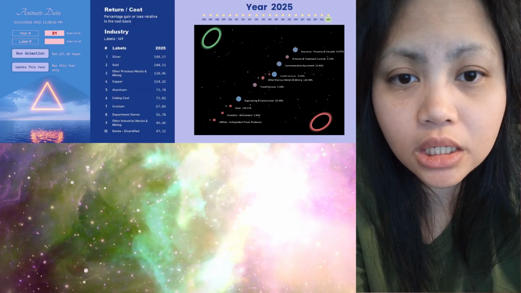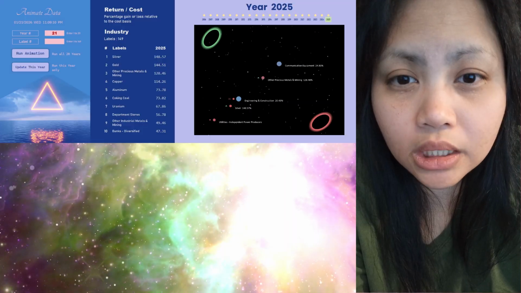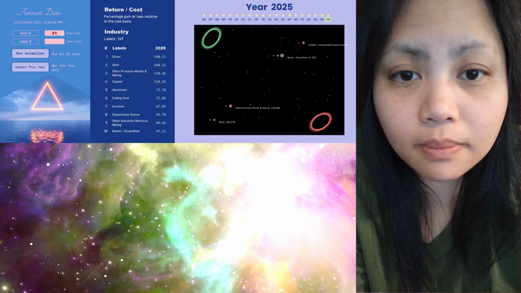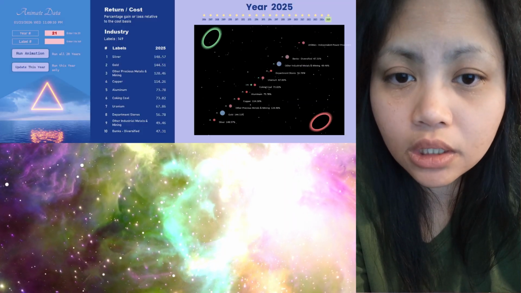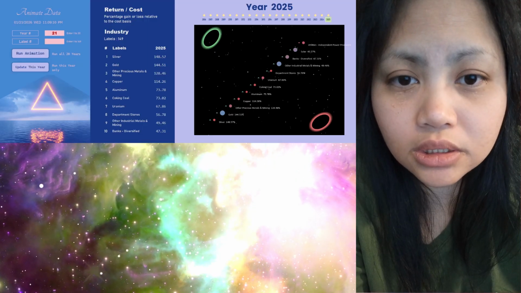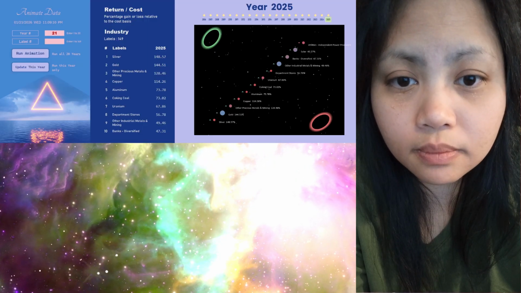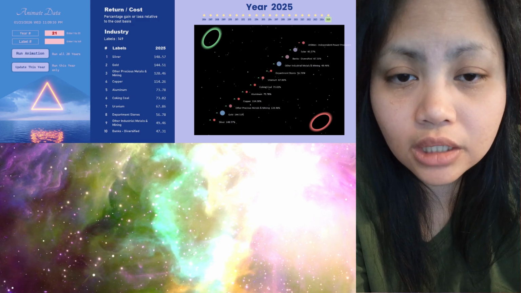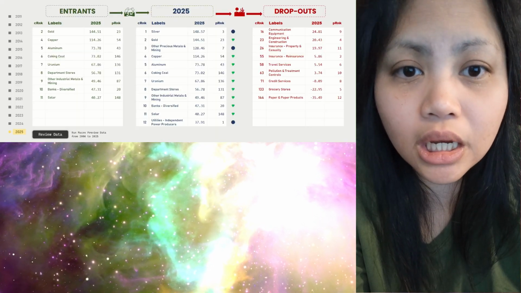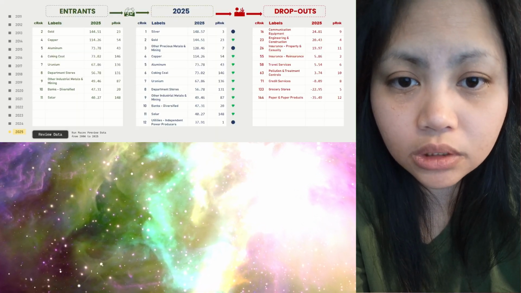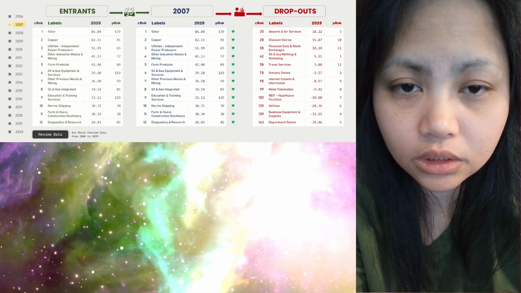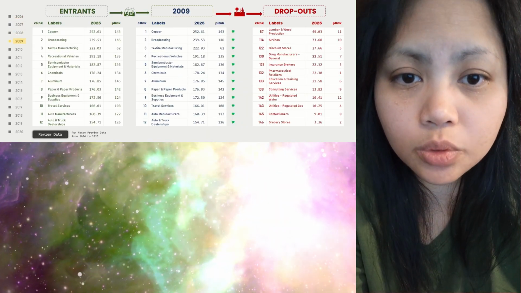So you see which ones remain, because there are three animations. First it drops out, second it does the sideways motion for those that remained, that were in the top 12 previously and currently are in the top 12, and then the tickers entering the top 12.